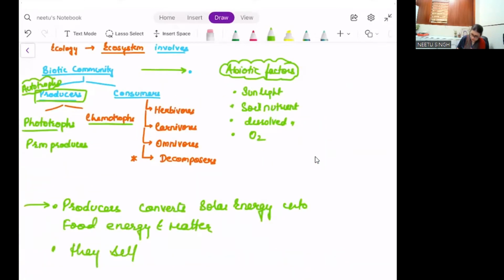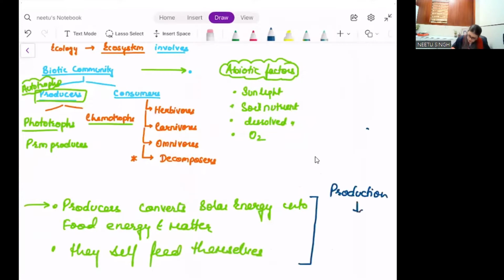They self-feed themselves. Production is an example of an abiotic link. Production is the process of converting abiotic substances into food, energy and matter. Producers self-feed themselves.